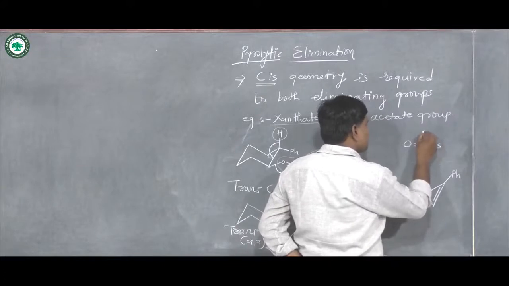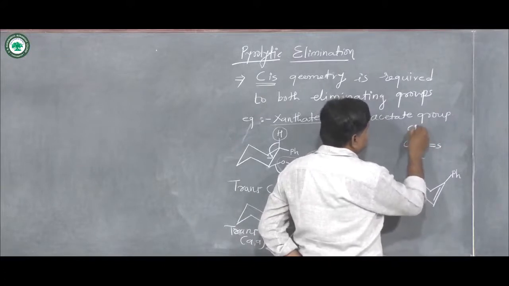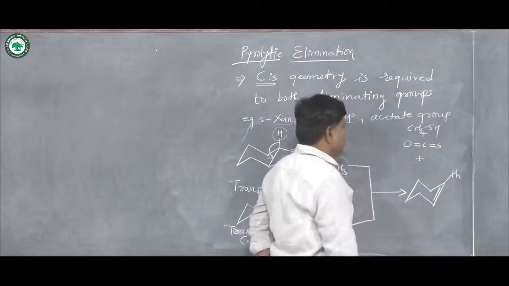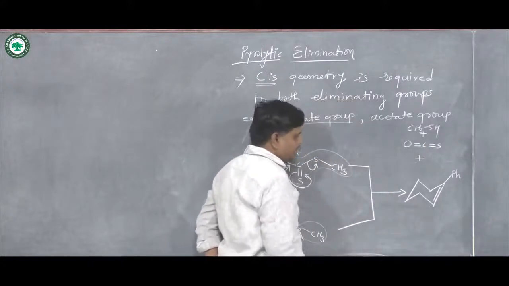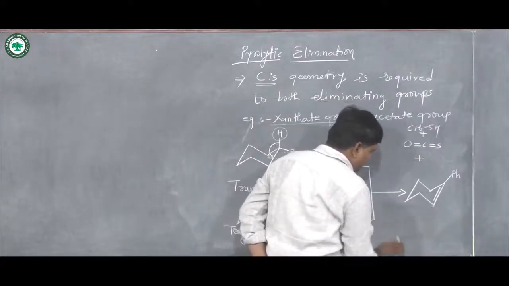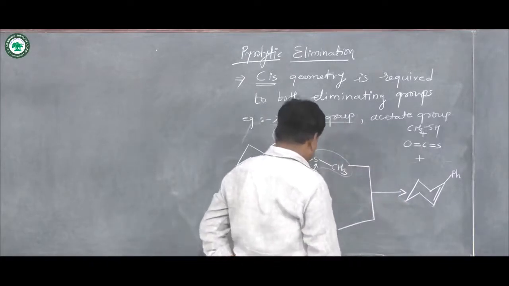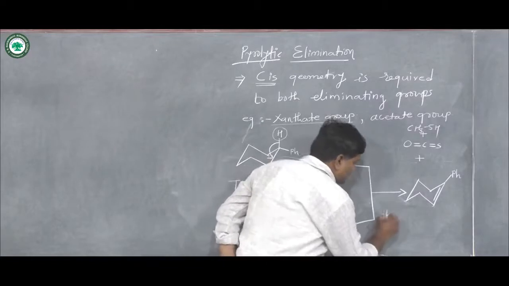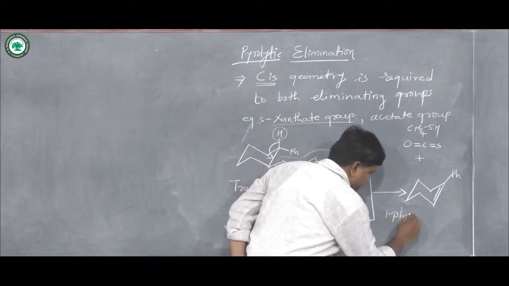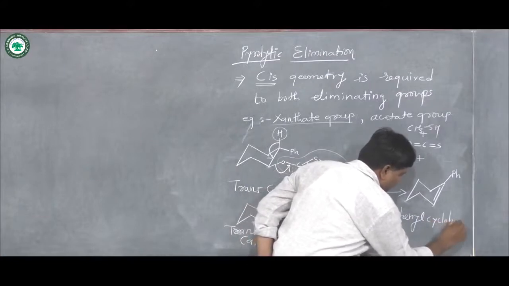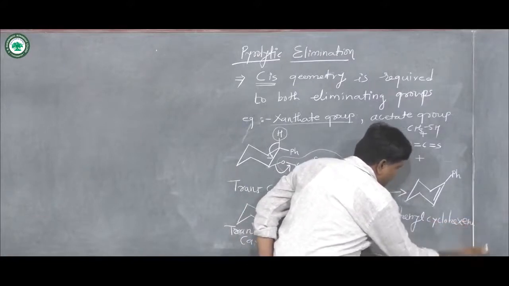Then another product we have, OCS plus CH3SH. So these three products we get, but our main product is this one, and we call this 1-phenyl cyclohexene.